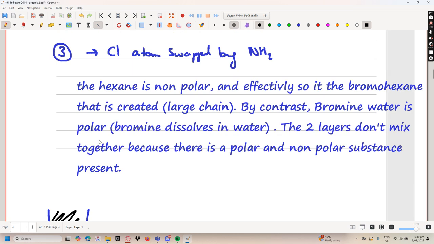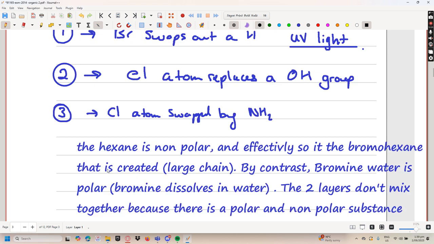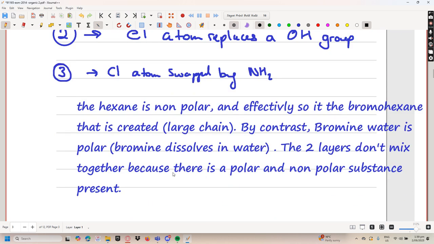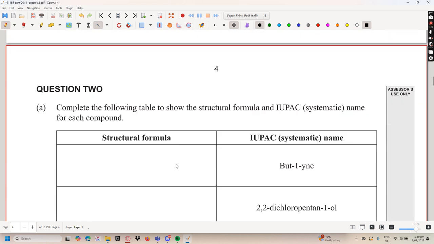If you have two layers which are polar and non-polar, they don't mix together, because the polar thing will squeeze out the non-polar thing. Bromine water is polar because water is polar. Bromine dissolves in the water. Awesome. Okay, let's move on.